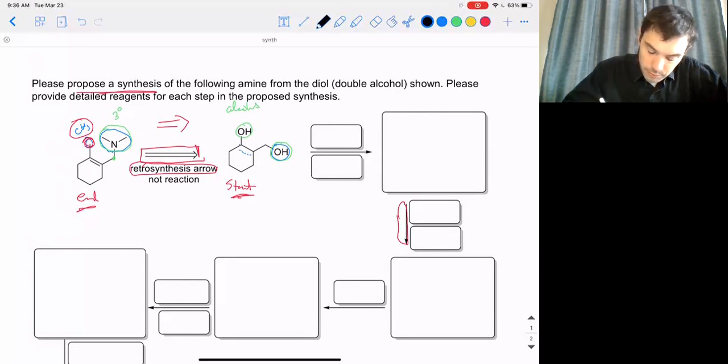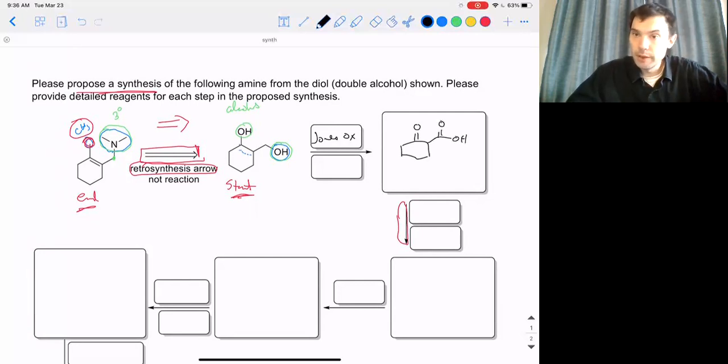So if I take this with a Jones oxidation, and so remember Jones oxidation, we're going to over-oxidize everything. And so that usually uses chromium and relatively acidic conditions, but that will take the first alcohol up to a ketone, and it'll take the second alcohol up to the carboxylic acid.